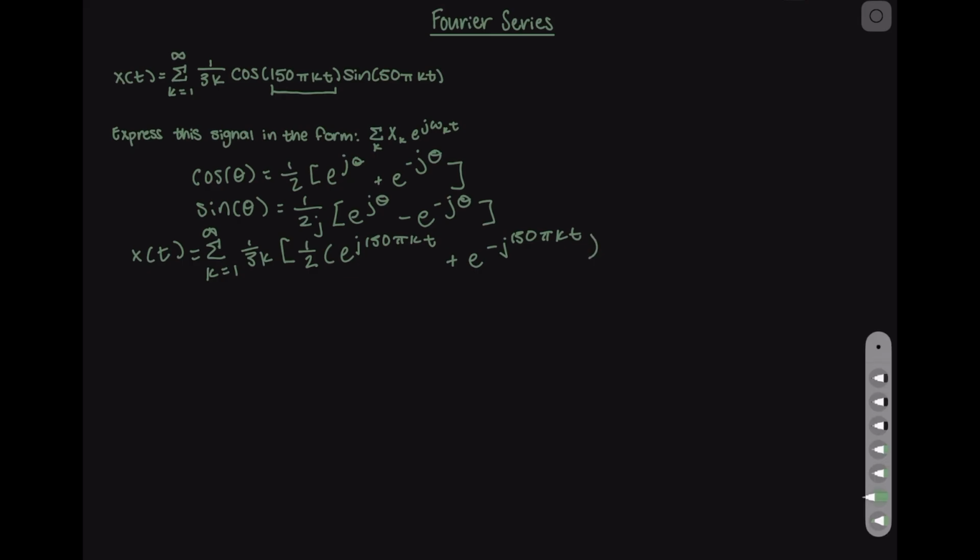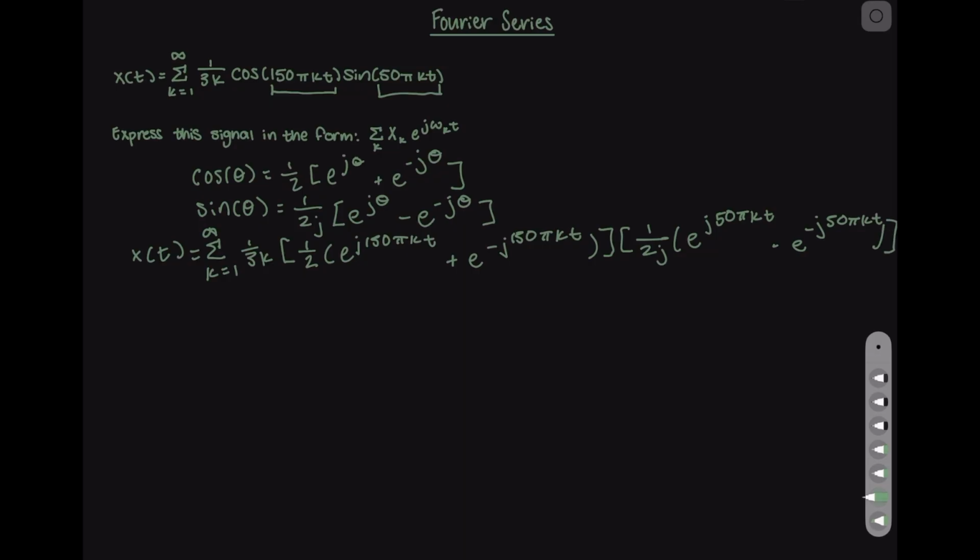And now we move on to the sine term, which is 1/2j e to the j. Now we'll be using everything within these parentheses, so 50 pi k t, minus e to the negative j 50 pi k t.